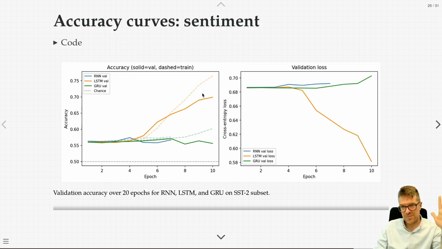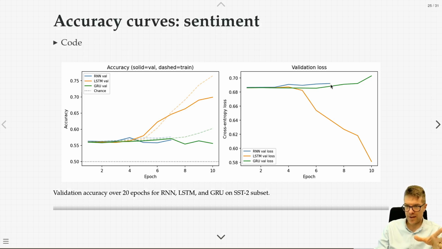It's starting to run away with it. And indeed, its validation loss is also dropping quite a bit. This is why I say when you download this code and run it yourself, try it for 20 or 30 or 40 epochs to see when this validation loss will actually taper off, because it looks like we haven't achieved our optimum by any means so far.